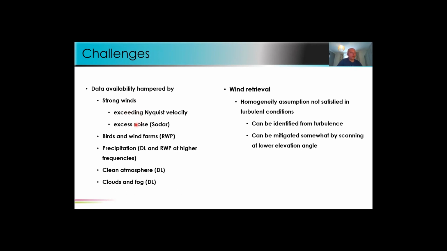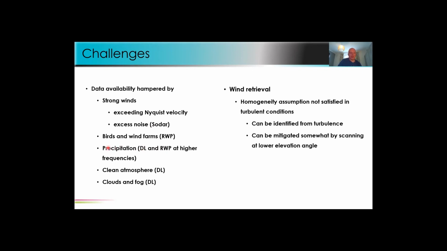And if it's very strong winds also for the SODAR, then it actually means that there's too much noise. For radar wind profilers, you have to think about birds and wind farms. You actually see these in the data, so you'd have to be able to deal with that. And then for Doppler LiDAR and radar wind profilers, especially at higher frequencies, precipitation is also an issue.